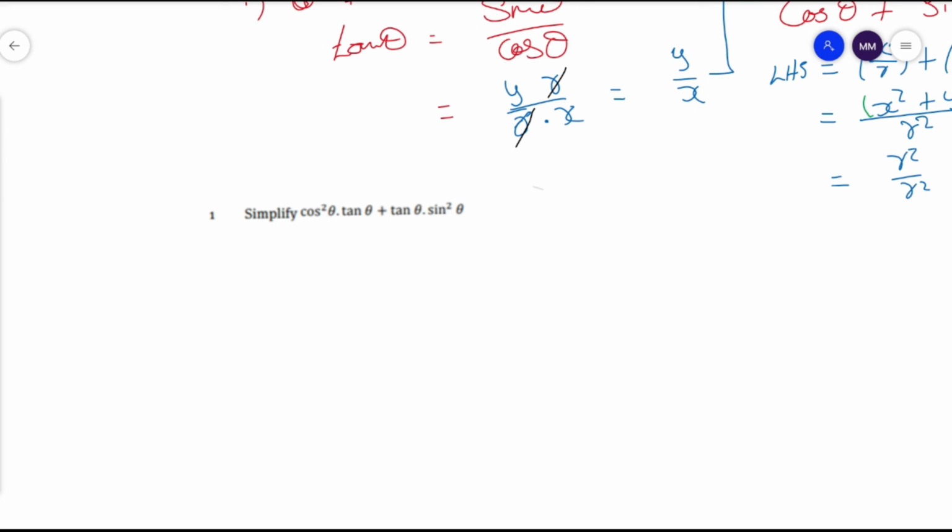Okay, so this is our first example that we're going to look at, which says simplify cos squared theta times tan theta plus tan theta times sine squared theta. To simplify this, we notice that there's tan here, there's tan here. Therefore, we can take tan of theta as our factor, where we are left with cos squared theta plus sine squared theta.